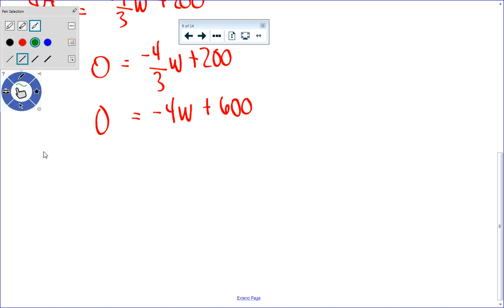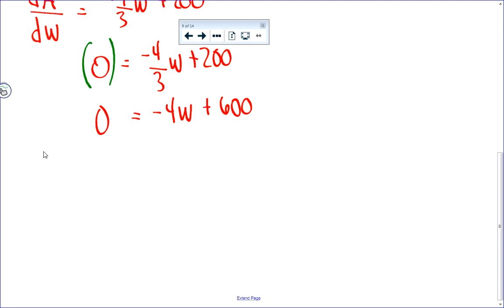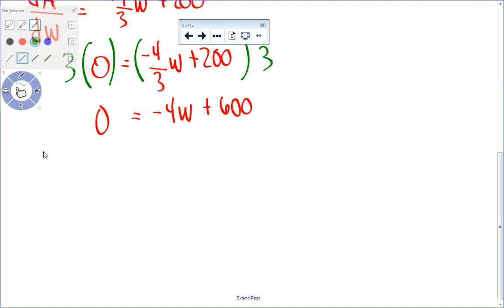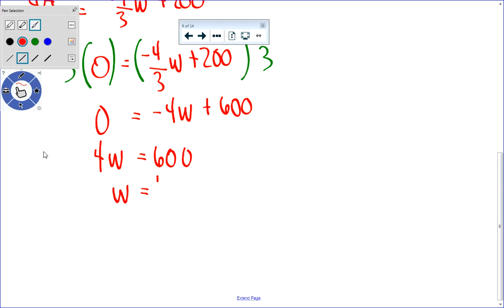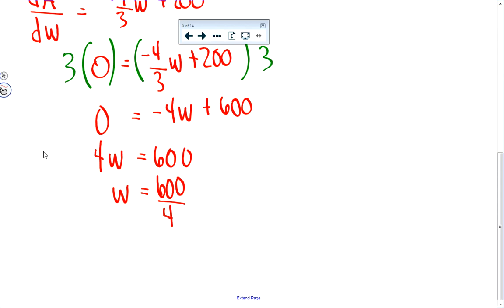So what I'm doing here is I'm multiplying the left side of the equation by 3, and I'm multiplying the right side of the equation by 3. I can move the 4W over and get 4W equals 600. And that means W is equal to 600 over 4, which I'm pretty sure is 150.